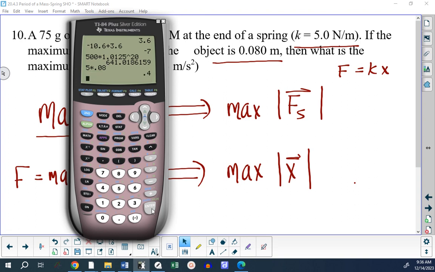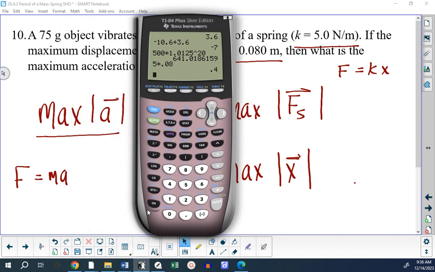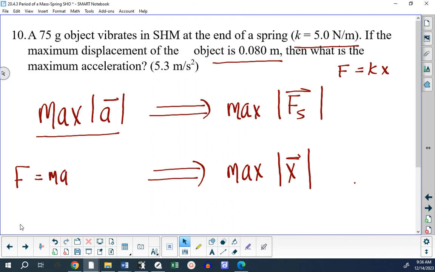So this is the maximum force, 0.4 newtons, and that is the spring force, which is the restoring force, which is the net force, which is equal to ma. So if I divide that by the mass of 0.075, I get 5.3 meters per second squared. You okay with that? Okay. Any other questions?